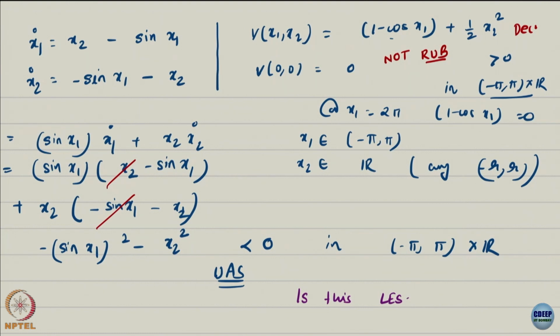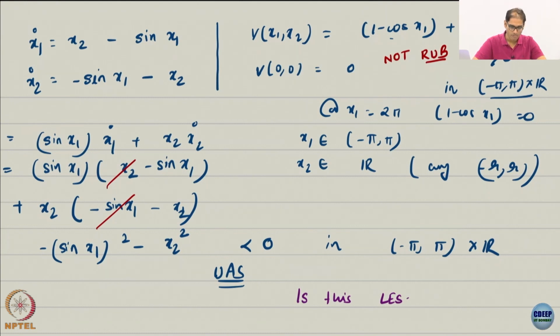So, this becomes 0 whenever 1 minus cosine x1 becomes 0, and 1 minus cosine x1 will become 0 at all 2n pi. So, for the simpler case, at x1 equal to 2 pi, which is this position, right? This is theta equal to 0, not this position, coming back to this position.